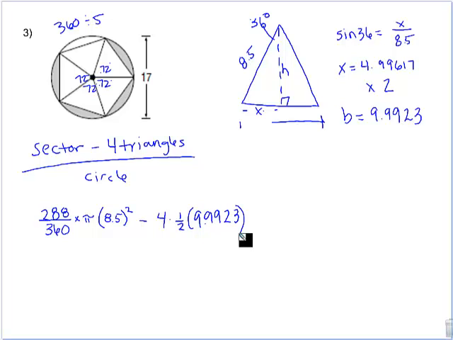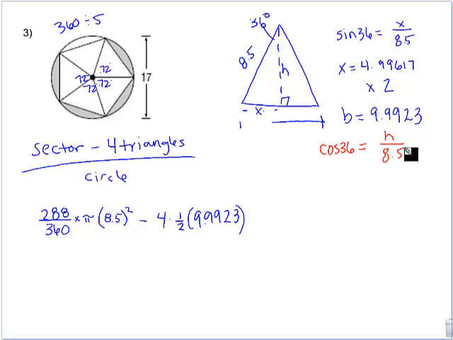Now we need to get the height. So what function will we use to find the height? The height is adjacent. We have the hypotenuse, so which one is that? Yeah, so we'll do cosine of 36 is our height over 8.5.